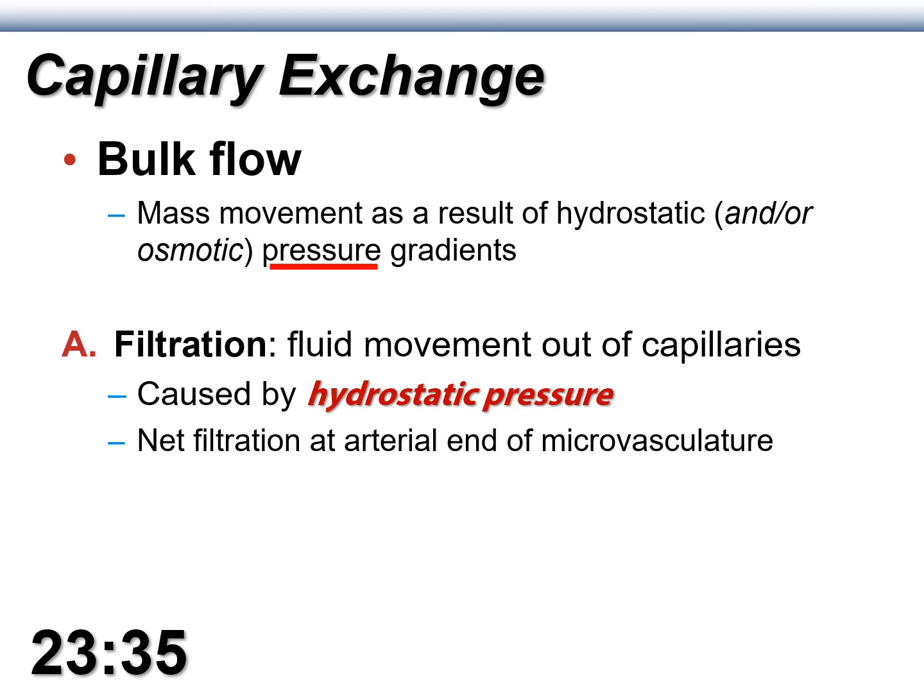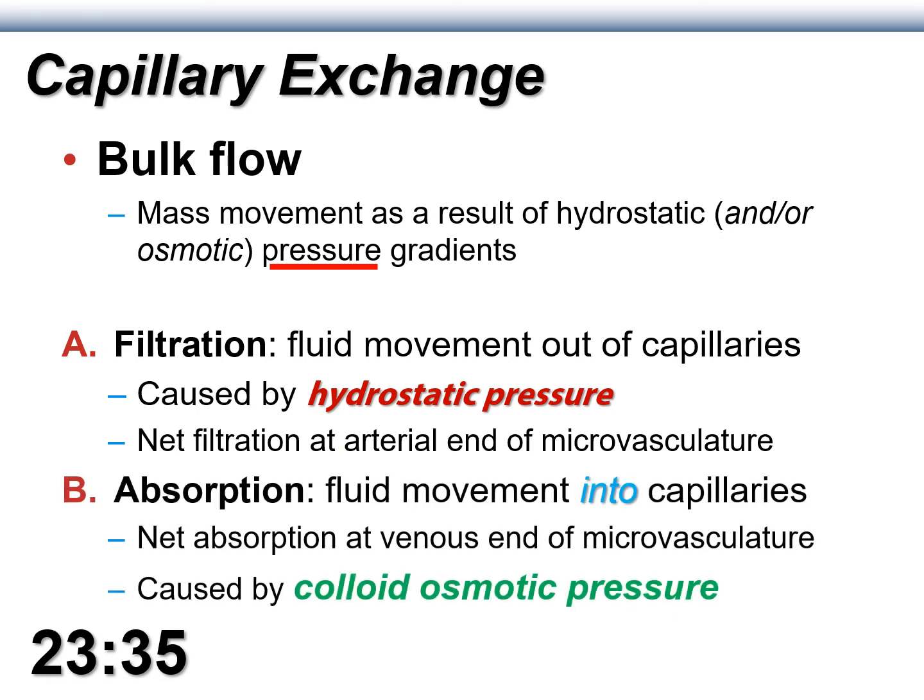And that usually works towards what we call the arterial end. And I'm going to show you here in a picture in just a second what I mean. So hang on to that. We see more filtration than the next mechanism. The next mechanism is absorption, and that's movement from the interstitial fluid back into the capillaries. So we're going from the tissues back into the capillaries, and this is known as absorption.